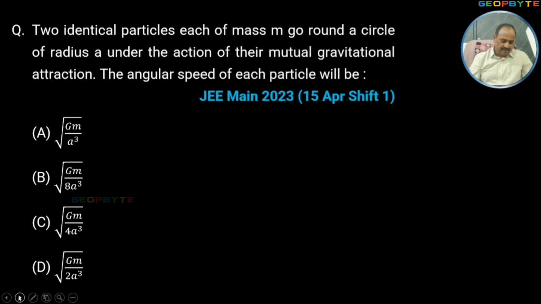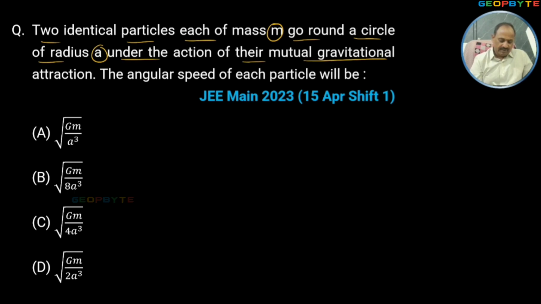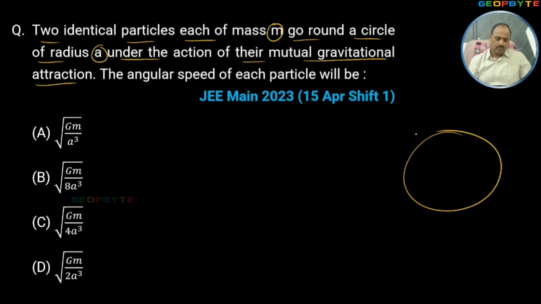Okay. Look at the screen. It is asking like this. Two identical particles, each of mass m, go round a circle of radius a under the action of their mutual gravitational attraction. It is like this. Two particles.